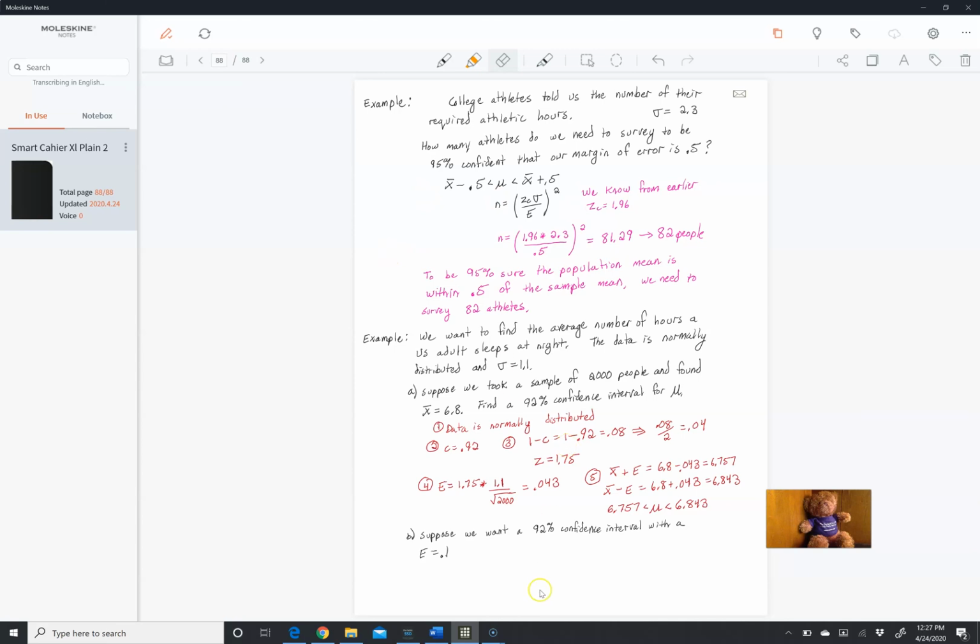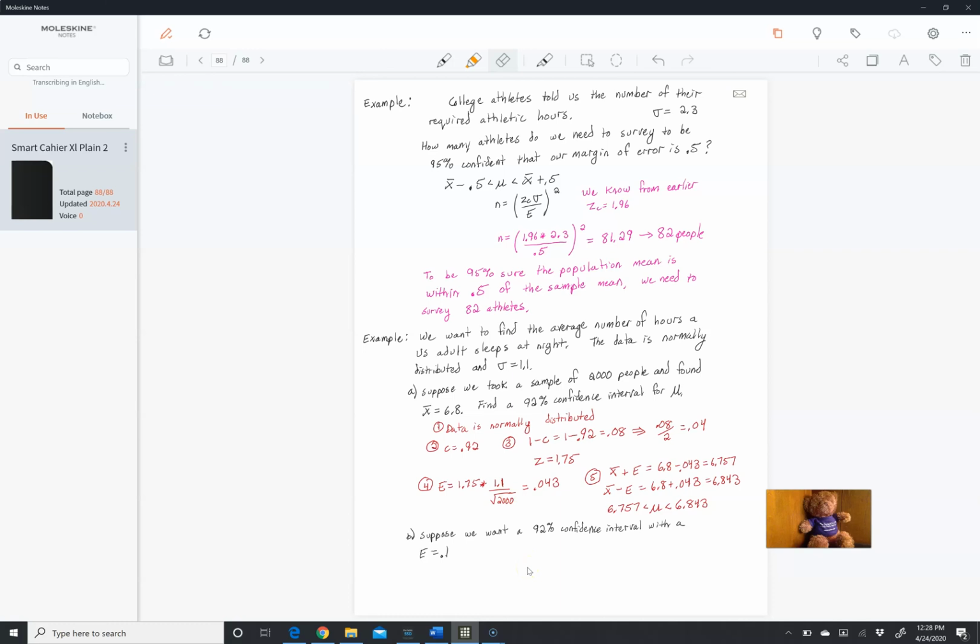So we want the same confidence level, but a bigger margin of error. So what does this tell us? If we want to figure out how many people we need to ask, do we need to ask less people or more people?